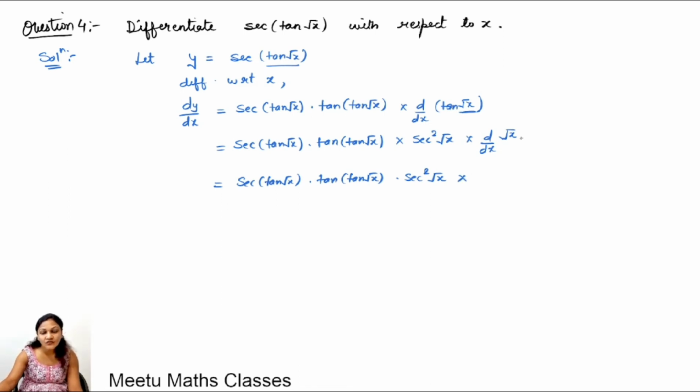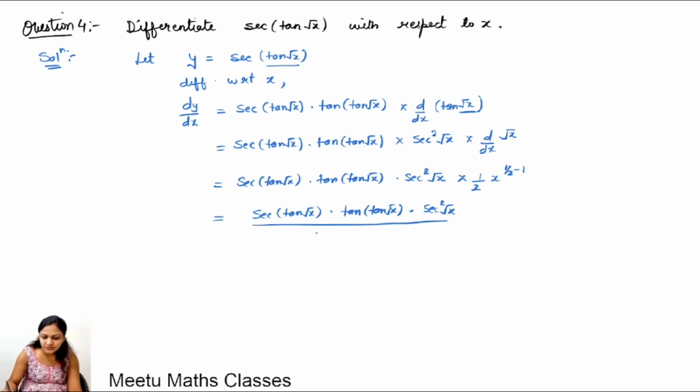And now we can write our function as x to the power half, and the derivative is half into x to the power half minus 1, and so your final answer is sec of tan root x into tan of tan root x into sec square root x, and this is upon 2, and this is also root x.